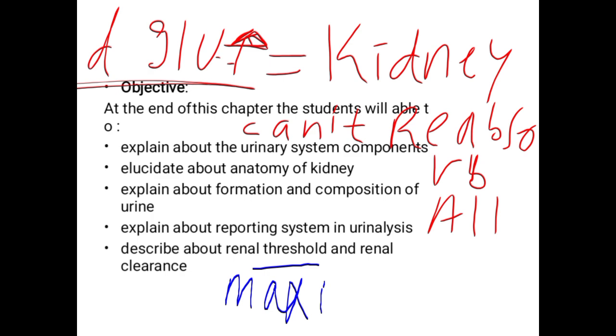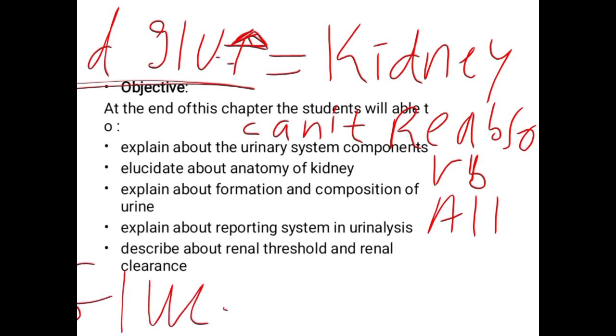When blood glucose increases, the kidney cannot reabsorb all of it. This produces glucose in urine.